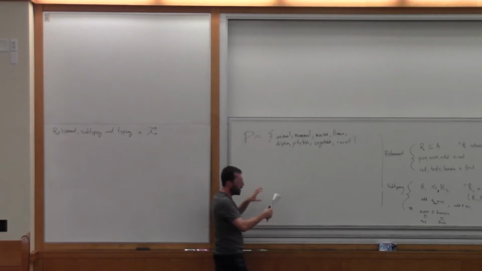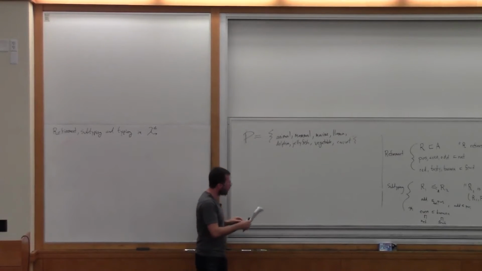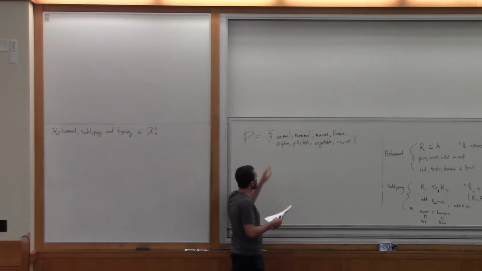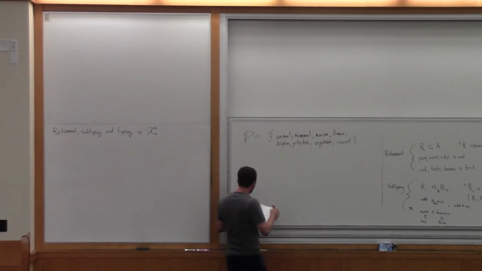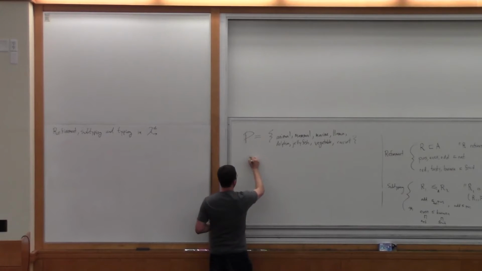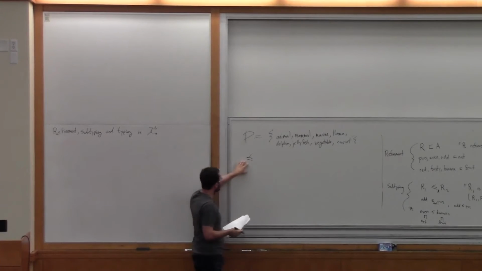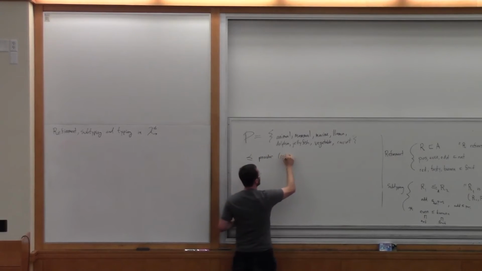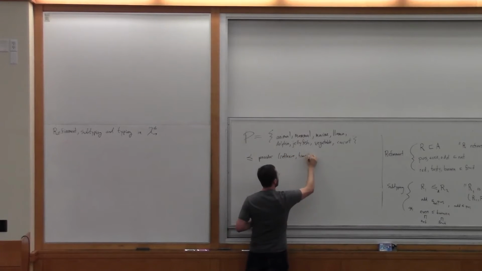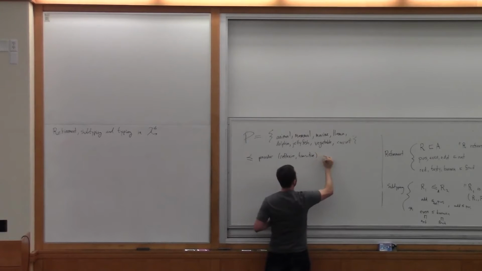And there are some implications between these properties, right? So every dolphin is a mammal, and a carrot is a vegetable. So we're going to assume we have a preorder, a reflexive transitive relation, on the set of atoms.